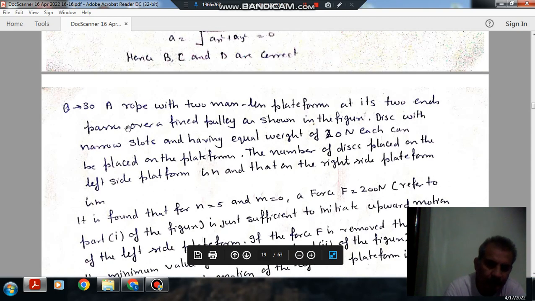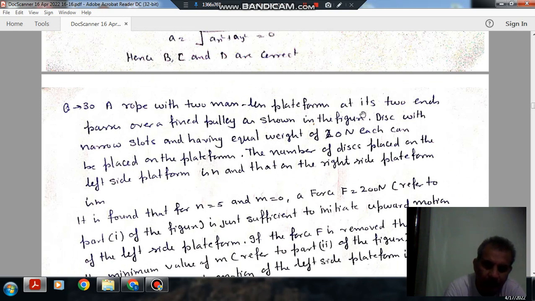Question number 30: a rope with two massless platforms at its two ends passes over a fixed pulley as shown in the figure. The discs with narrow slots and having equal weights of 20 Newton each can be placed on the platform.